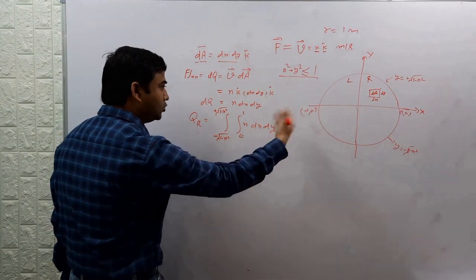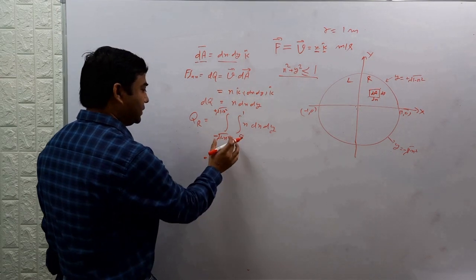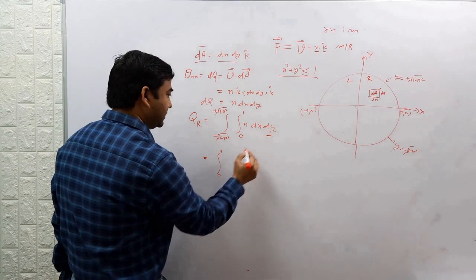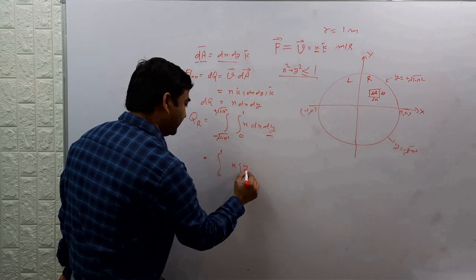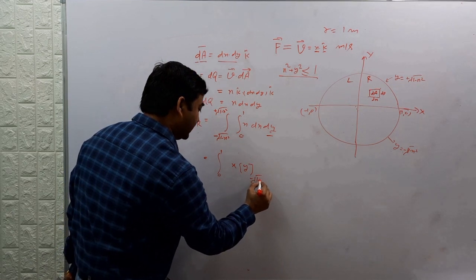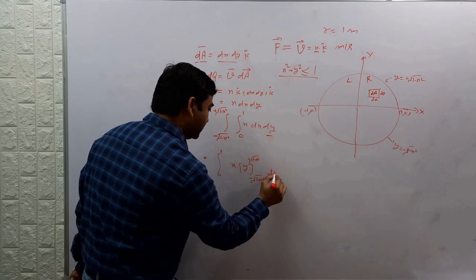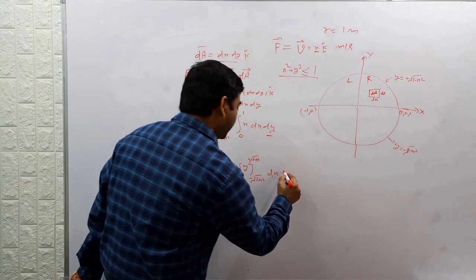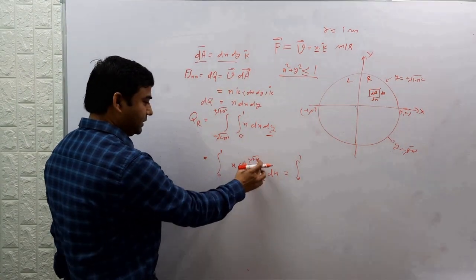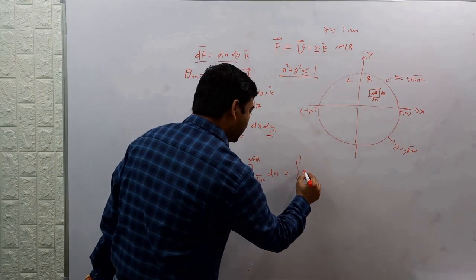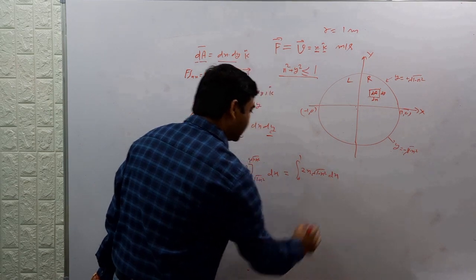Now we have to find the flux through the right half area. This can be written as the integral from 0 to 1. First of all, we will integrate with respect to dy. So this is x times y from minus under root 1 minus x² to plus under root 1 minus x², dx. Applying the first limit and then the second limit, this is the integral from 0 to 1 of 2x under root 1 minus x² dx.